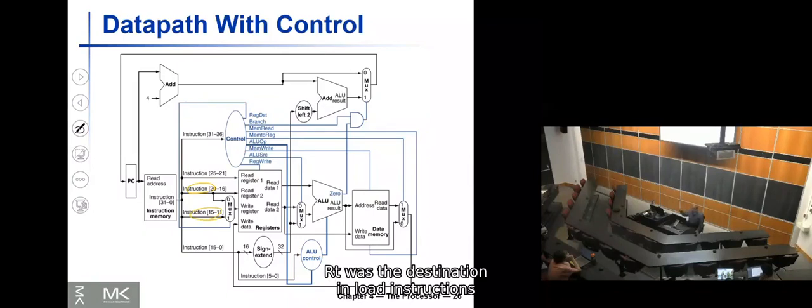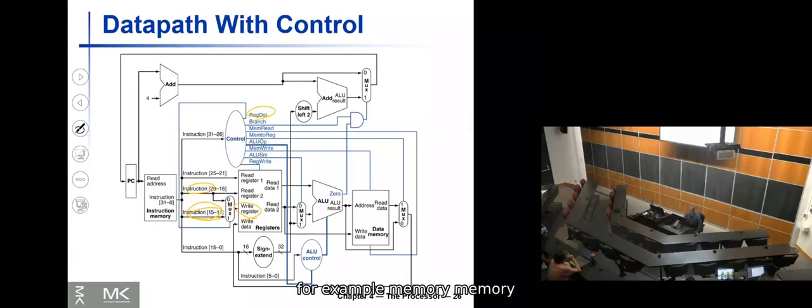RT was the destination in load instructions, and RD was the destination in R format instructions. So we have to select which one of them goes for the address of the write register. So this is, for example, reg destination.